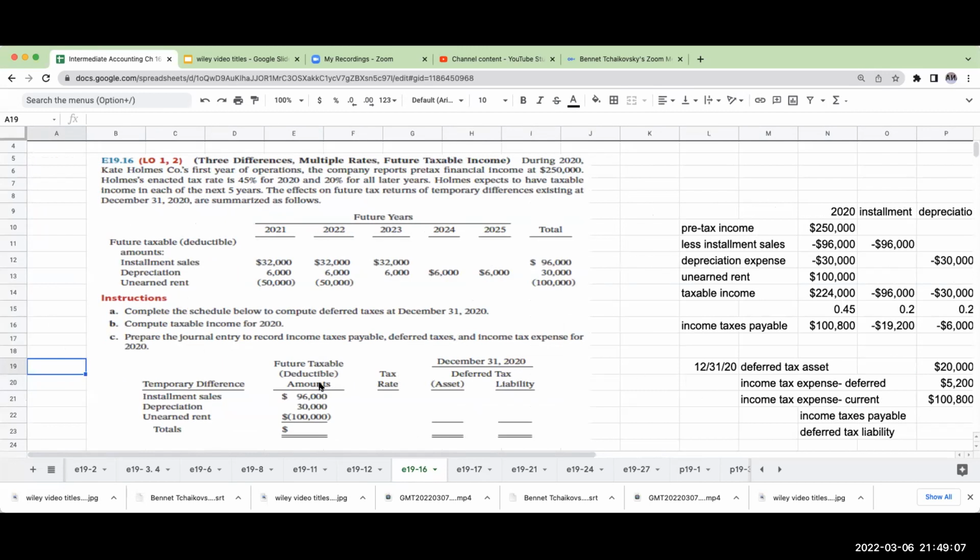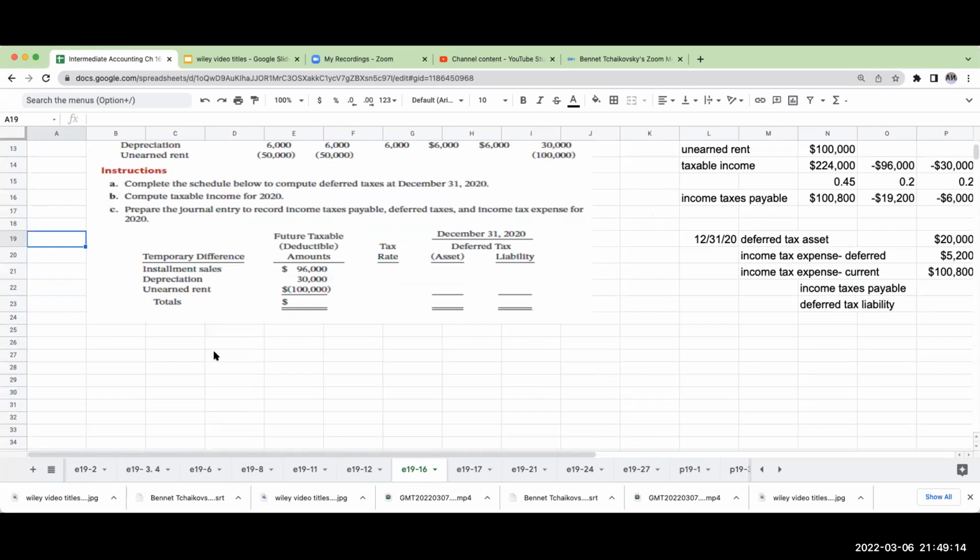I didn't do this schedule down over here. What I would do is I would show 9,600. Well, let's just go ahead and do it for fun. Okay, so future taxable, deductible amounts. Wow, deductible. Good job, Tchaikovsky.